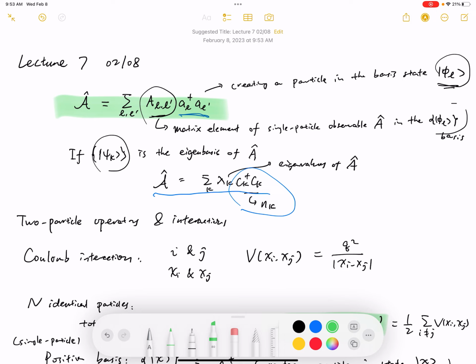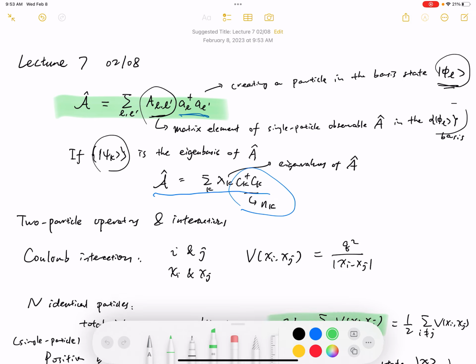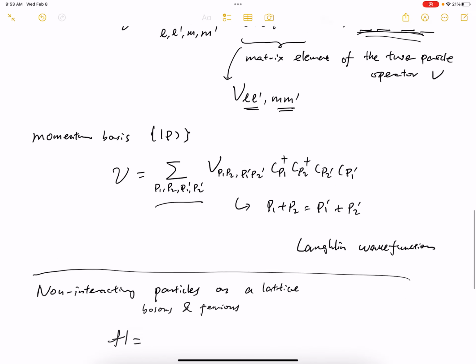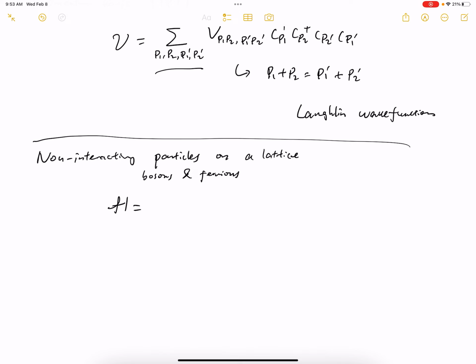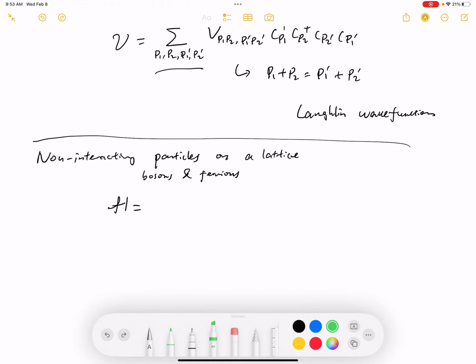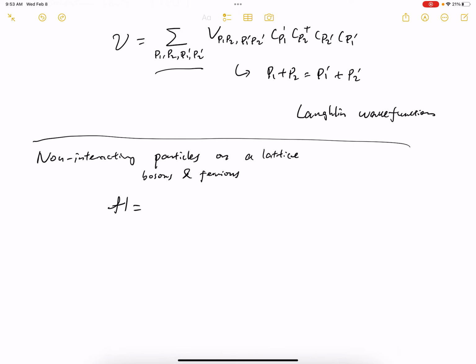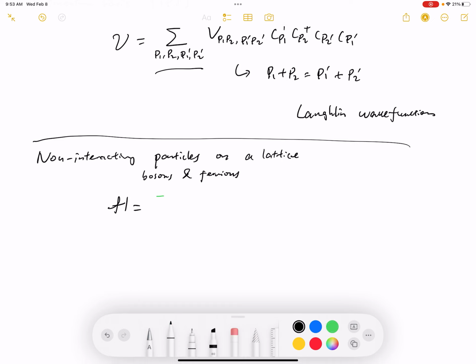It doesn't necessarily need to be diagonal, but it has to be given by this form. And generally, because we are considering the lattice, we can choose the lattice basis, which basically we can write this Hamiltonian in the following way.